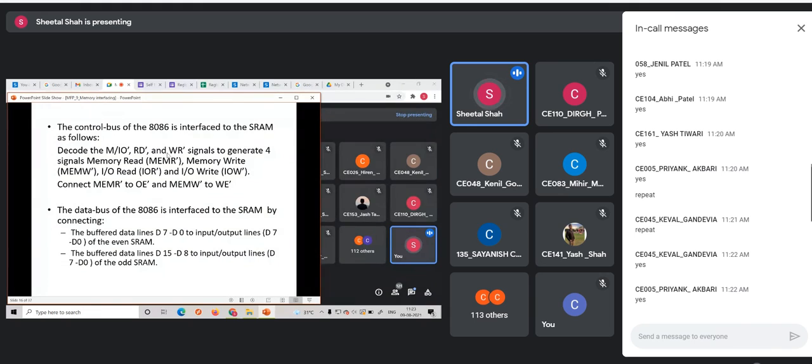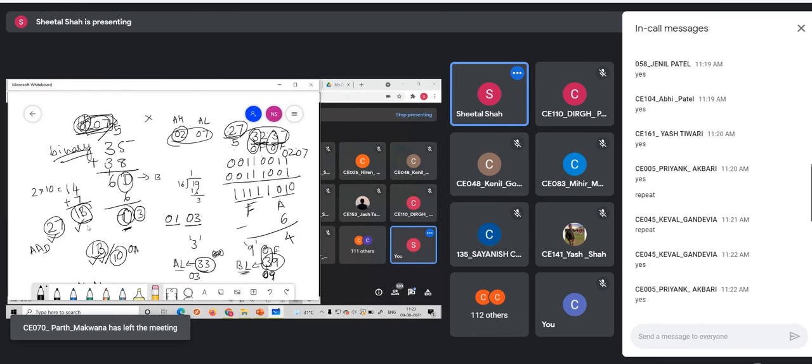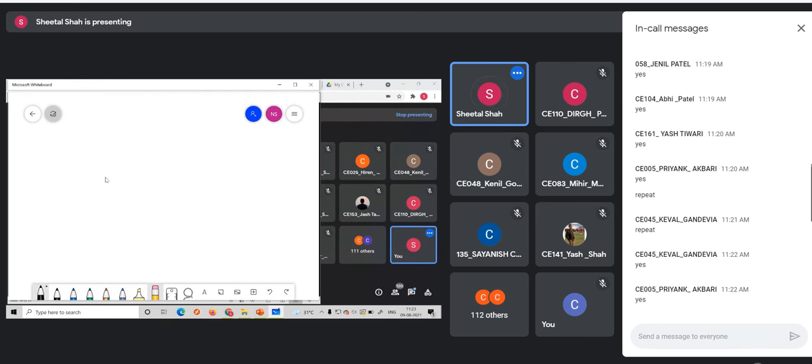Either we can use a 3x8 decoder. We can use a 3x8 decoder.